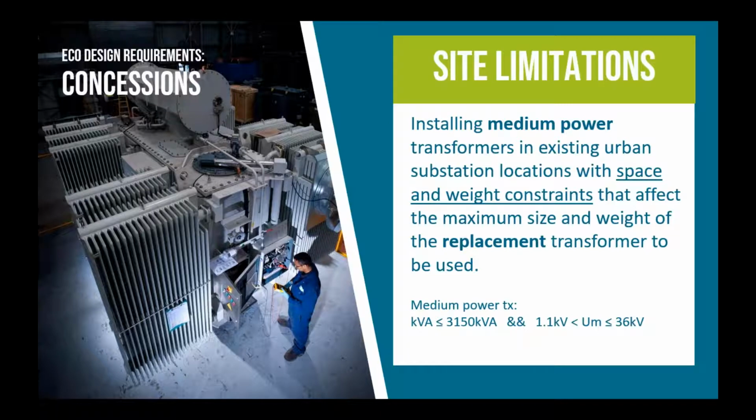In this case, the regulation allows for a concession to Tier 1. So again, if it's a replacement case for a distribution transformer with limitations when it comes to space and weight constraints, then you are allowed to go for Tier 1 after the deadline. It's fine. So that's the first case.